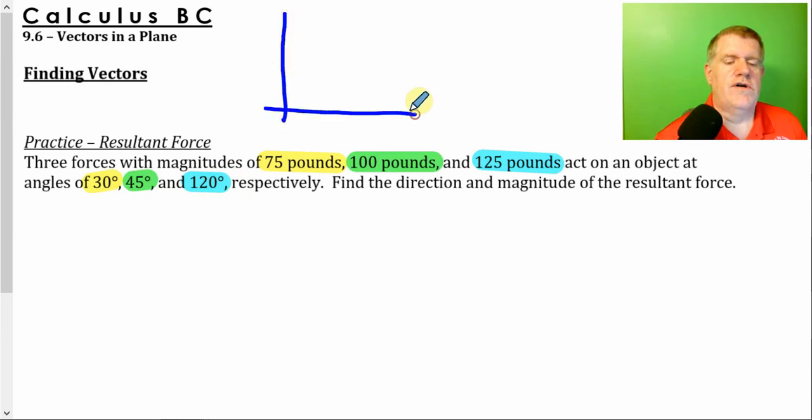All right, so I'm going to draw these 3. So here is 30 degrees at 75 pounds. Let's just say something like that. The 100 pounds is going to be longer at 45 degrees, and the 125 pounds is going to be even longer still at 120, so there's 90 and 30 more.